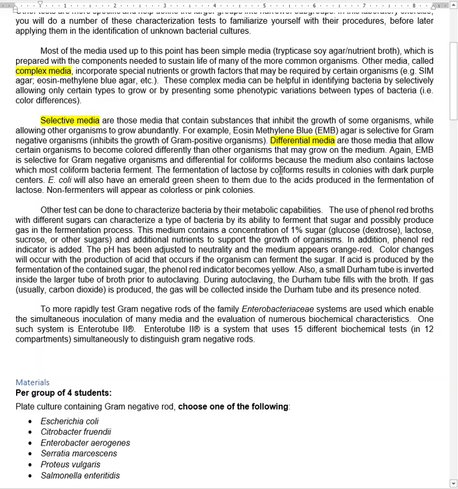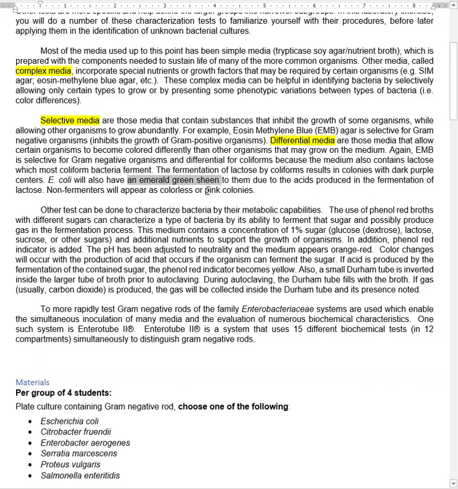It could be pink if it breaks down lactose but not in any significant amounts. All the other gram negatives that don't use lactose are going to be clear. So this kind of helps us, the dark purple centers. E. coli, in addition, because of the acids it produces, has a beautiful emerald green sheen that looks metallic on the plate.